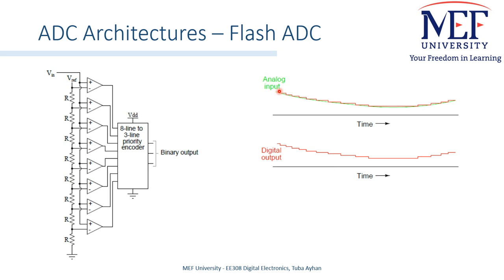So we can get a very nice analog to digital conversion here. Here we also need a priority encoder that generates a binary number based on the highest order active input, ignoring all other active inputs.